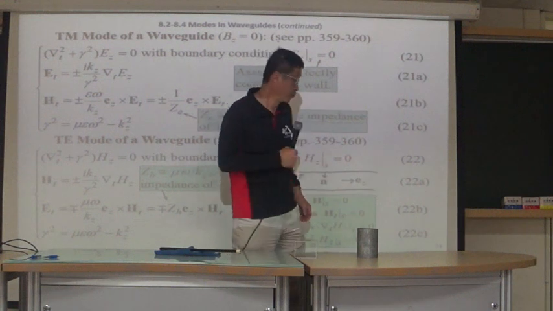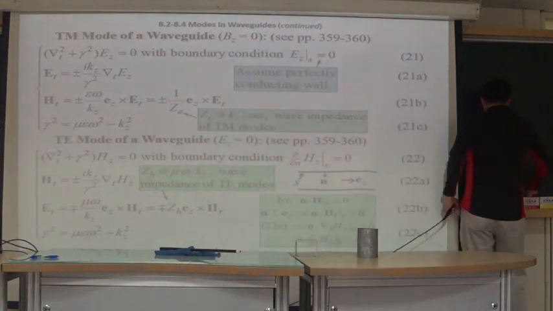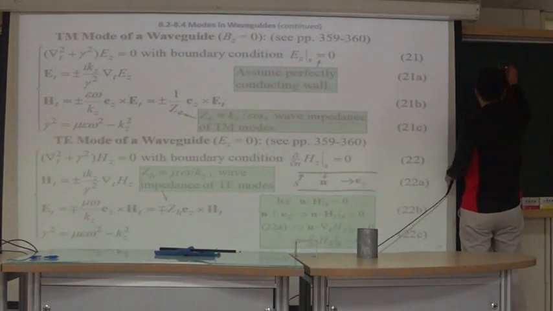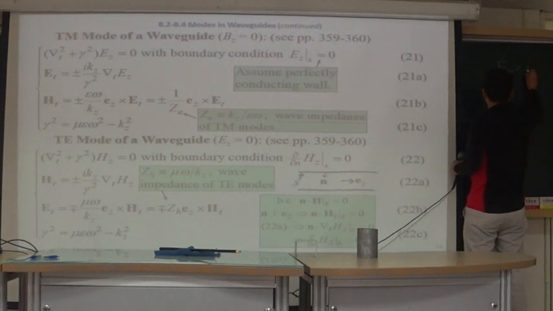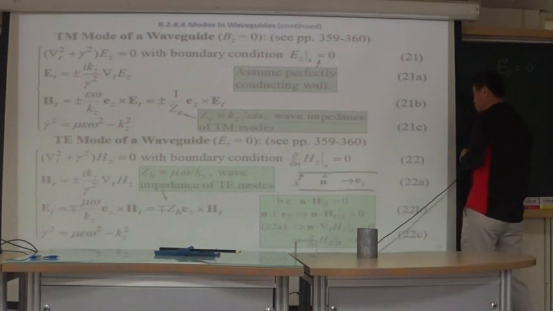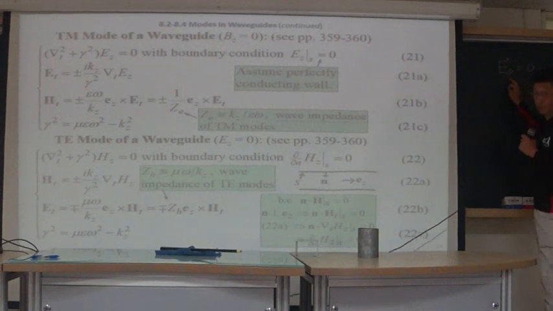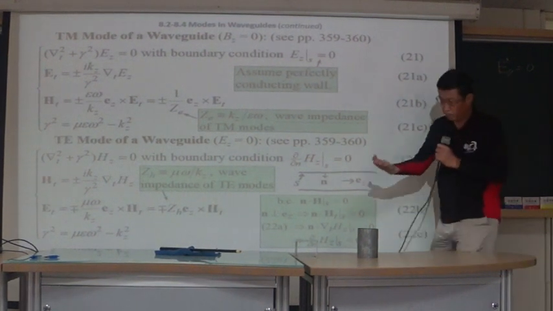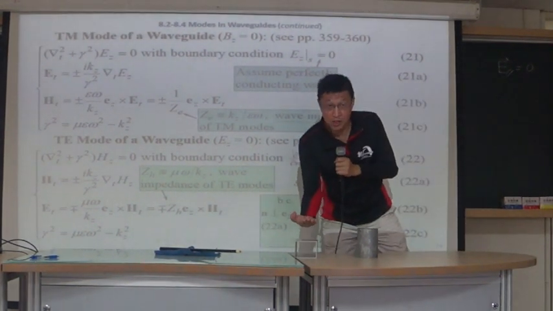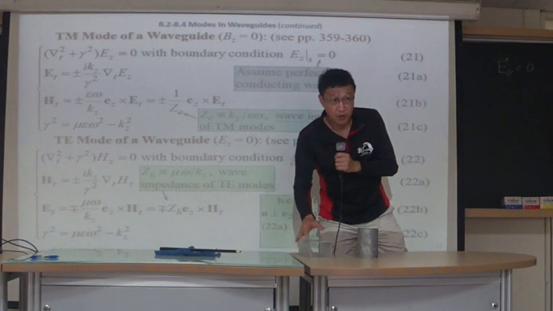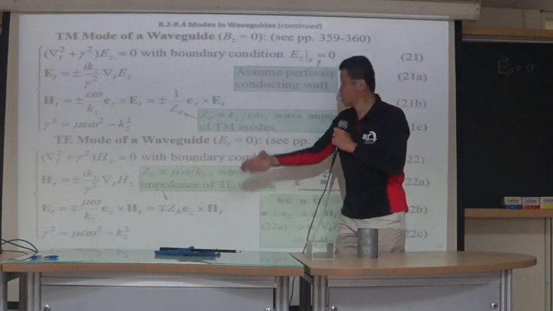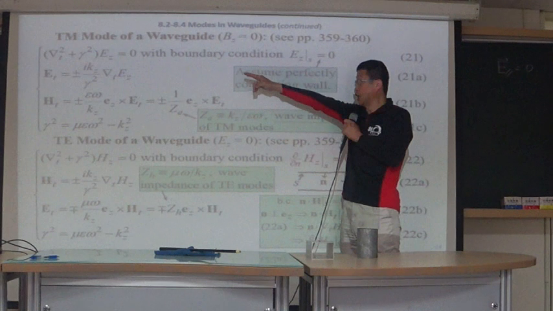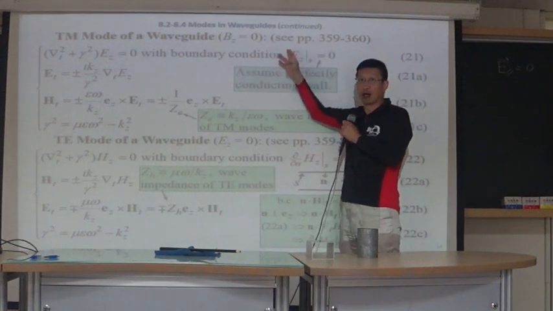That means this one is 0, parallel to the surface of the waveguide. So that's why for TM mode, we prefer this one.